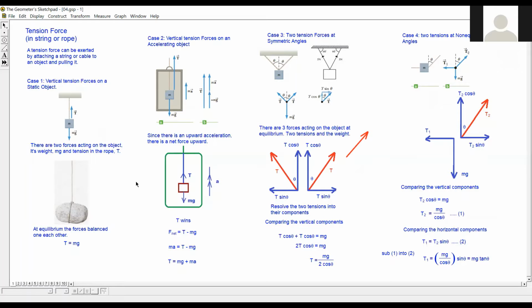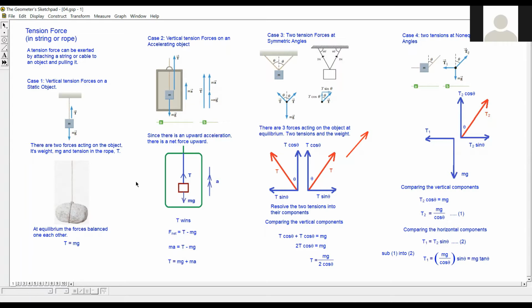Now, whether the string has tension or not, you look at the condition of the string. If the string is taut, meaning straightened like that, then there is tension in the string. If the string or the rope is slackened, then there is no tension.